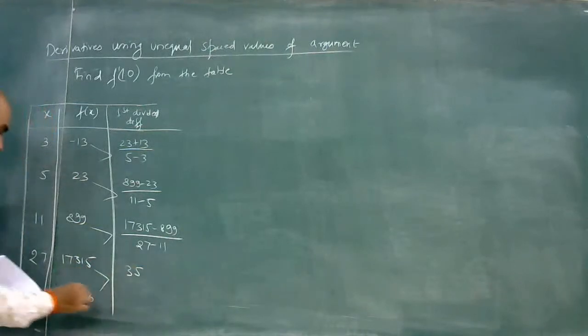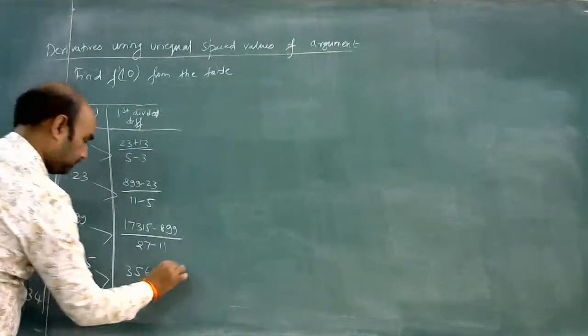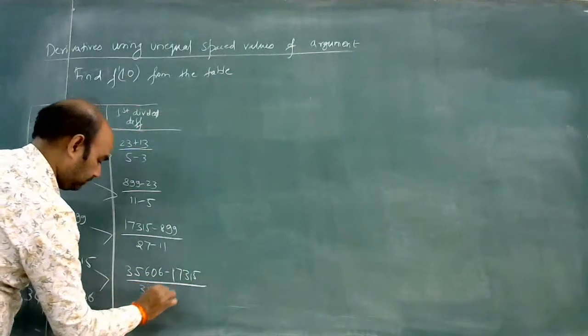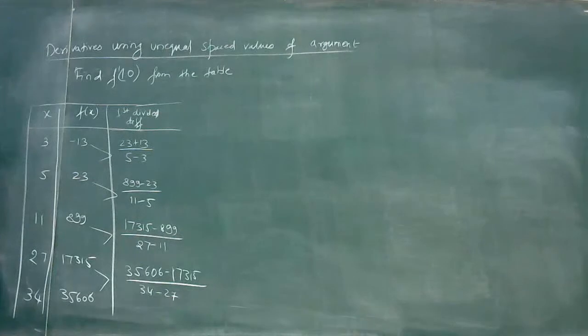These are the corresponding values. So you can find the difference table, Newton's divided difference.